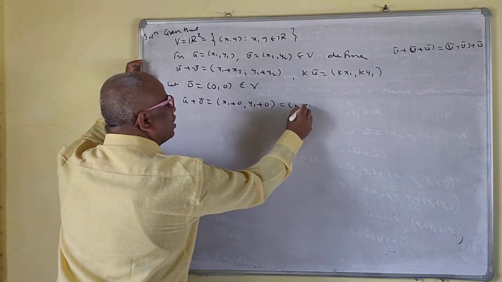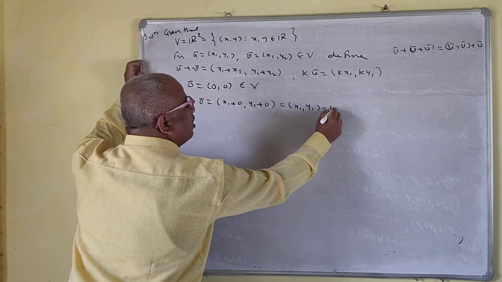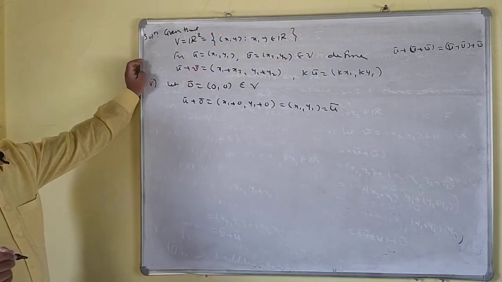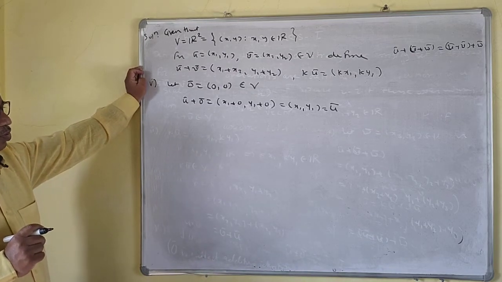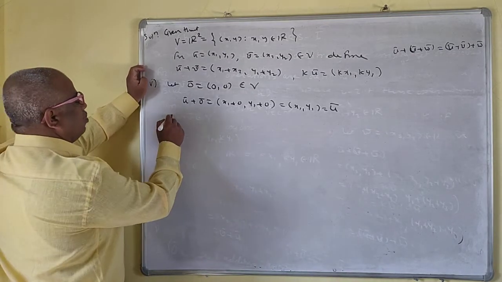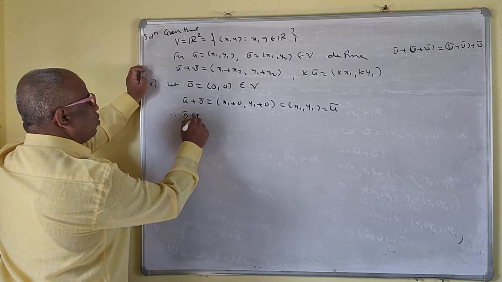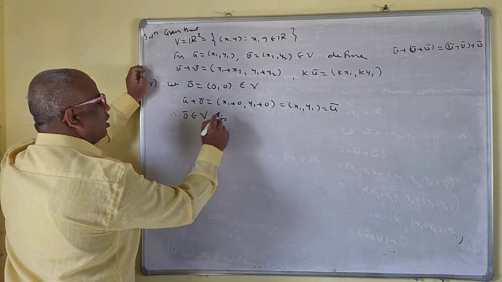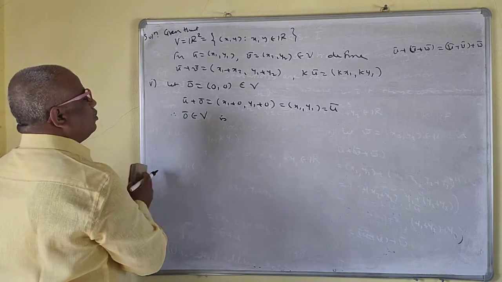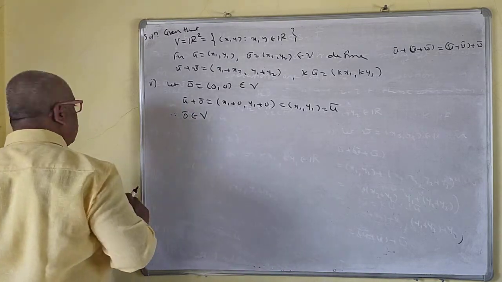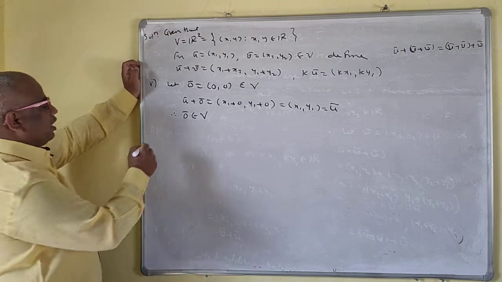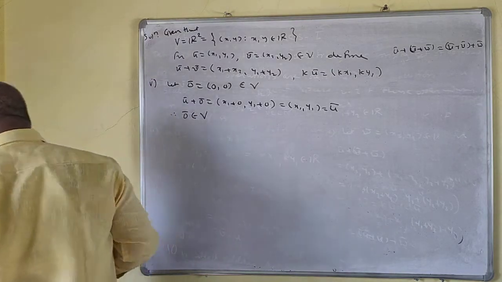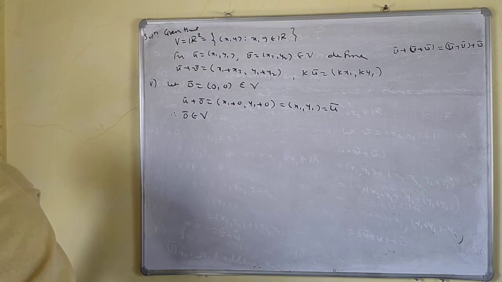So this is x1, y1, which is the same as u bar. That means 0 bar exists. Therefore 0 bar belongs to V. So the additive identity exists. Okay, next, we'll check the next axiom.